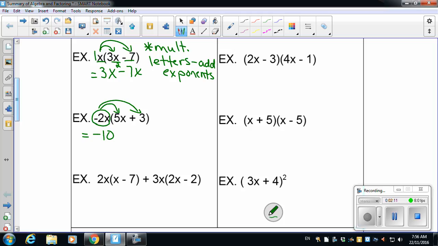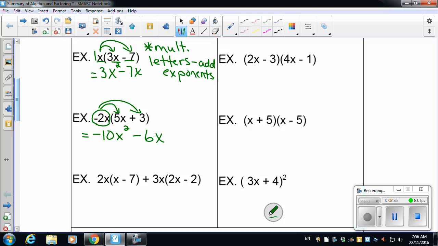And x times x, x squared. Exponent of 1 plus exponent of 1 is an exponent of 2. And then I have negative 2x times plus 3. A negative times a positive equals a negative 6, and I bring along the x because there's no other letter to multiply by.